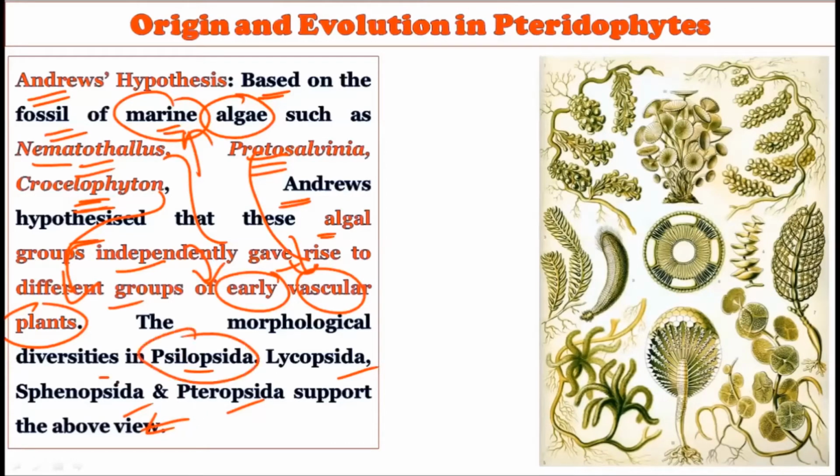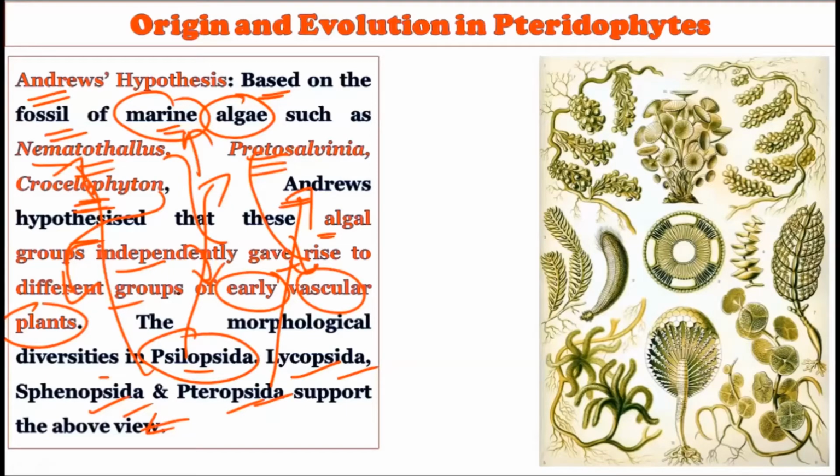When you compare the morphological characteristics in these groups with the fossilized forms of the marine algae, you will come to know there is much similarity between these. It shows remarkable morphological features matching with each other, and that is why there is strong proof for the Andrews hypothesis from the fossil record that these marine algae may have given rise to these members of the pteridophytes, which belong to Psilopsida, Lycopsida, Sphenopsida, and the Pteropsida.